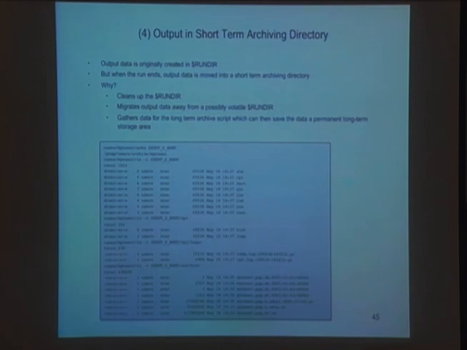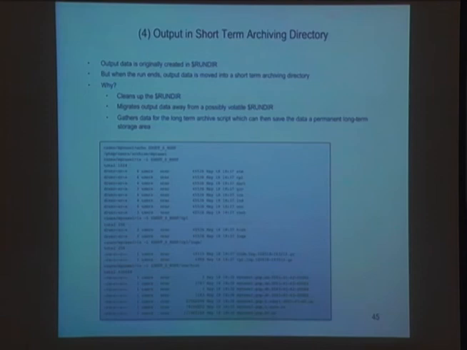What we're trying to do is collect together all the output that we really want to hang on to and untangle it from other stuff that's hanging around your run directory. So the output data that you're really going to want to hang on to, sift through and analyze gets moved over to this short-term archiving directory.